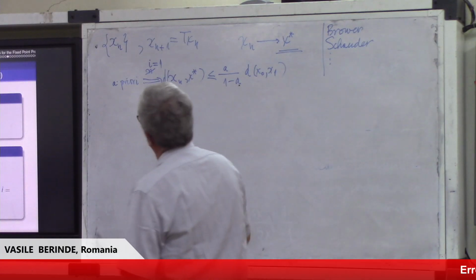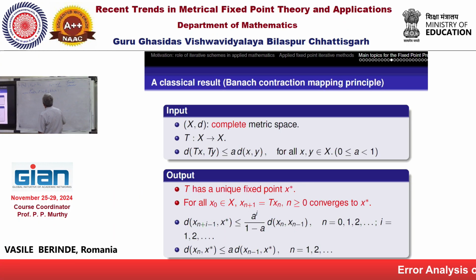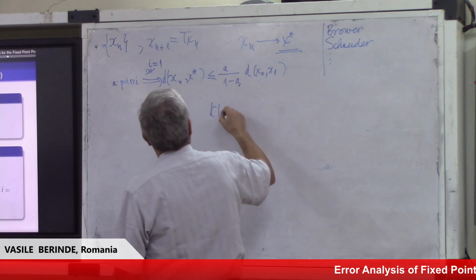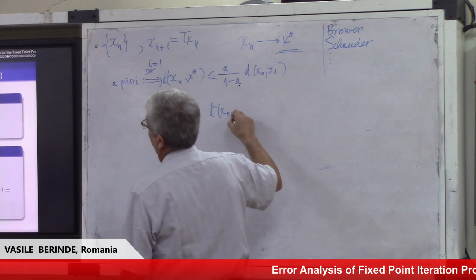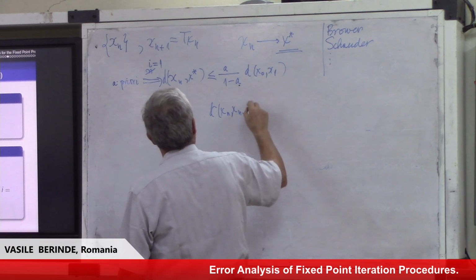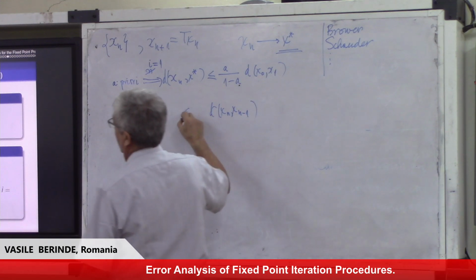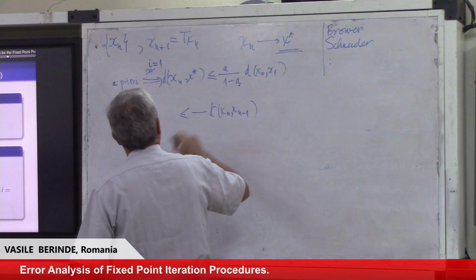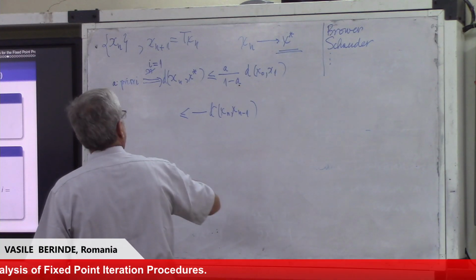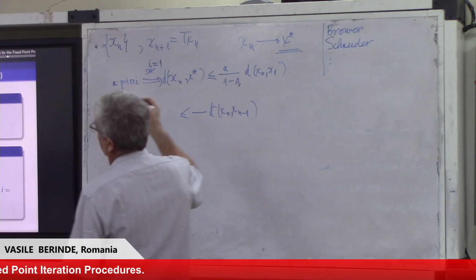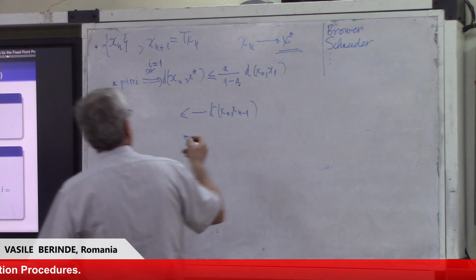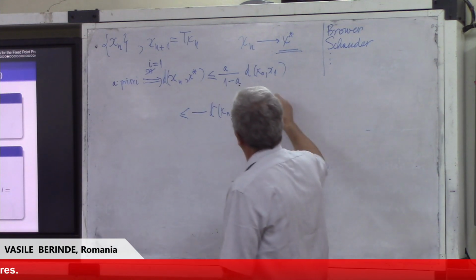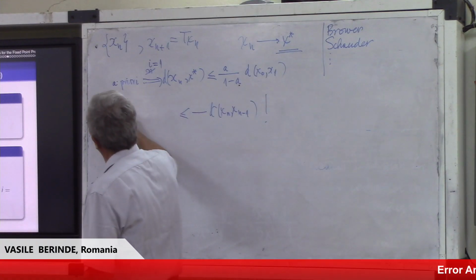This is the a priori, and a posteriori we'll have here d(xn, xn-1), which we get by taking n instead of 1 and so on, but I don't write this. This will be a posteriori.